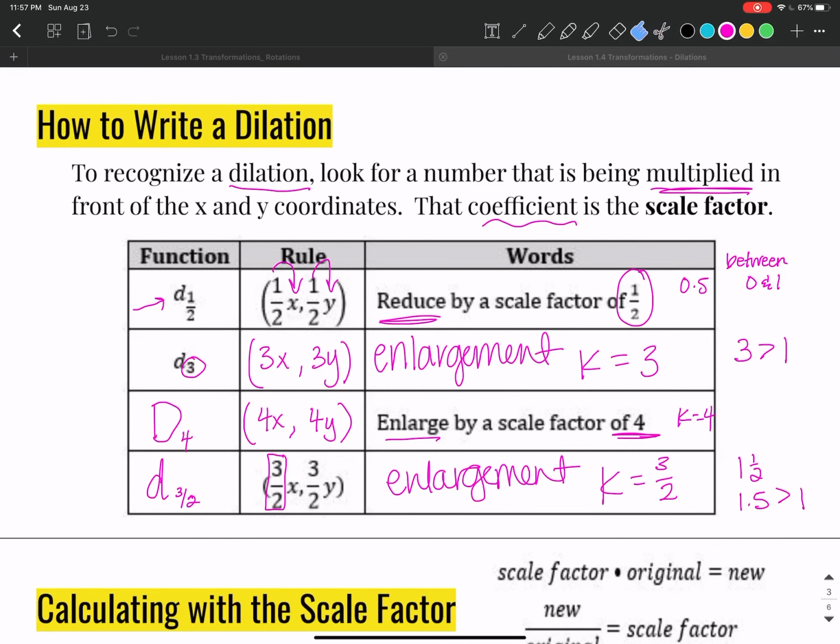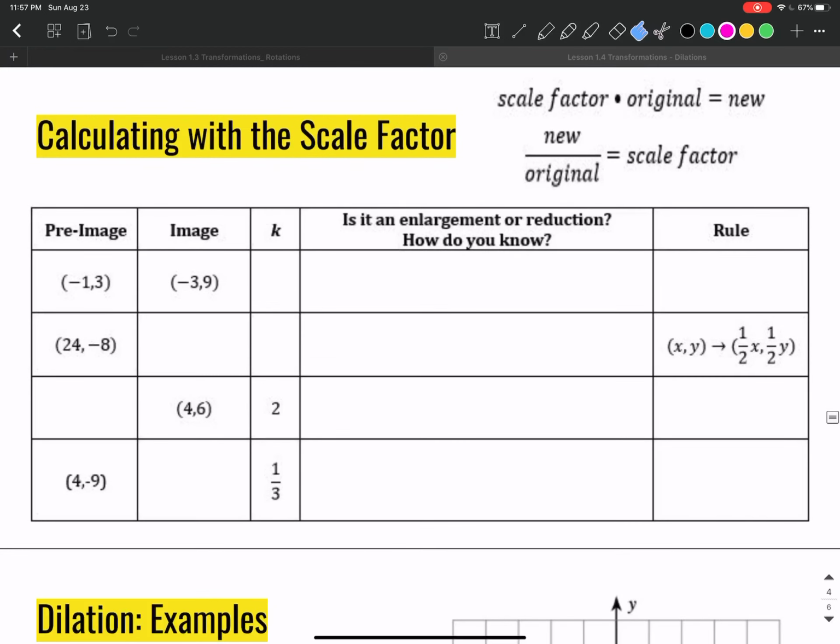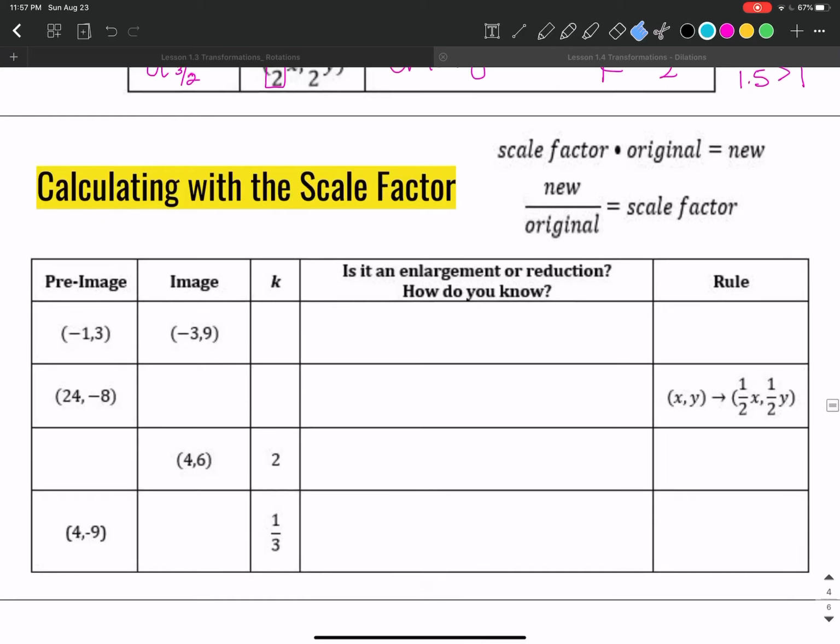All right, let's take a look at some calculations. We need to be able to actually calculate the new coordinate point based off the scale factor. And then we also need to be able to reverse and find the scale factor from the coordinate points. So let's take a look. For this first one, we have the pre-image and the image, and we need to figure out what k, aka the scale factor, is.